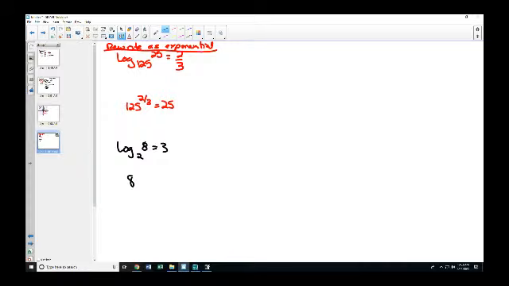Is that true? Yeah, it is. Again, illustrating that inverse relationship. And then again, we can write these as a log.